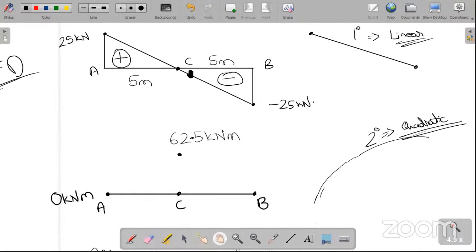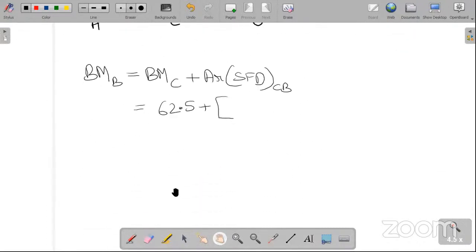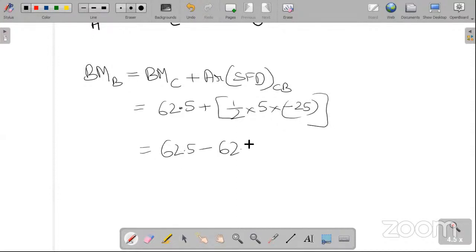Again, the same thing, half into base into height. Here the base is 5, height is minus 25. Half into 5 and minus 25. So 62.5 minus 62.5, which gets you 0 kilonewton meter.